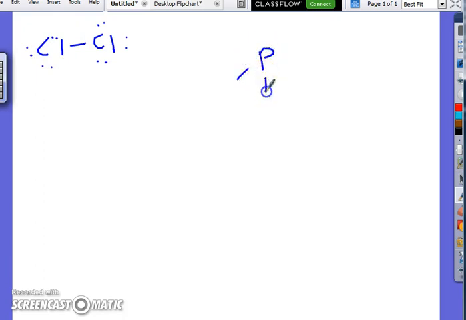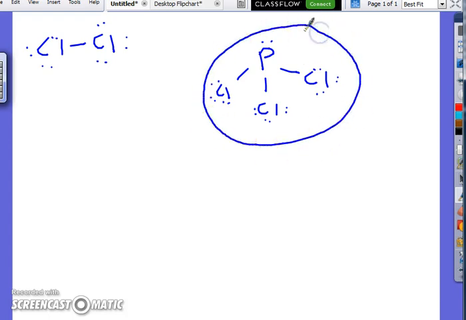So here's my phosphorus. Phosphorus likes to bond like nitrogen does because they're in the same group. So it's going to have the 2 electrons up here. Hopefully you guys are seeing some patterns. So phosphorus and nitrogen like to make this trigonal pyramidal shape. This one's obviously more polar.